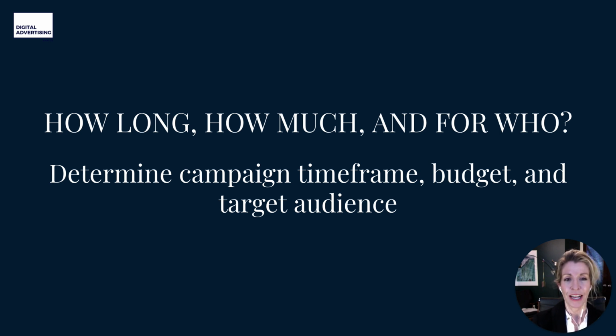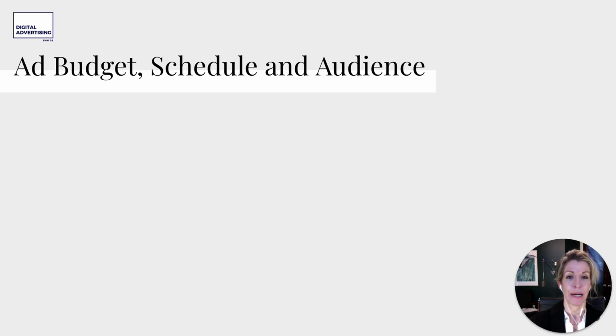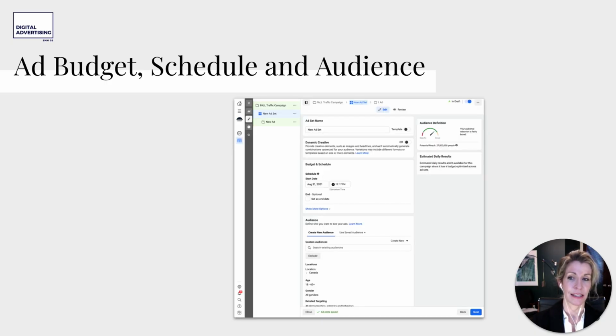And then how long, how much, and for who. This is where we're determining the campaign time frame, budget, target audience, etc. Once you're at that ad set level, those questions will all be answered, and it'll walk you through it. It's going to ask you to add the audience to that ad campaign. And this is where you will have already created that audience in advance.